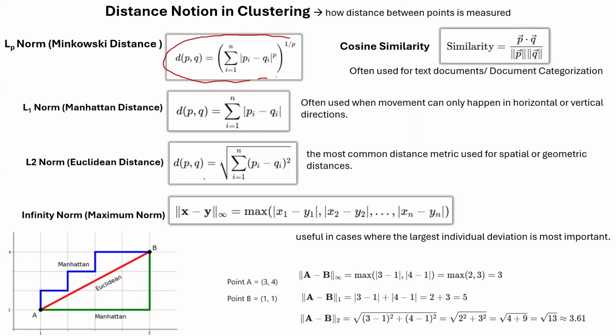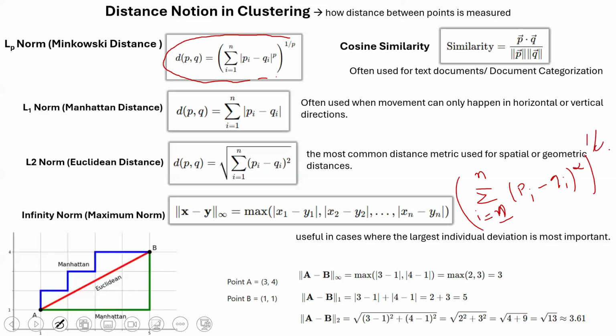For the infinite norm, the only thing that you do is replace p with infinity. The summation of i is equal to 1 to n of |pi minus qi| to the power of infinity, whole to the power of 1 by infinity. Pi and qi are two different points.